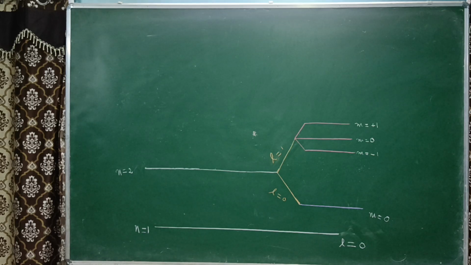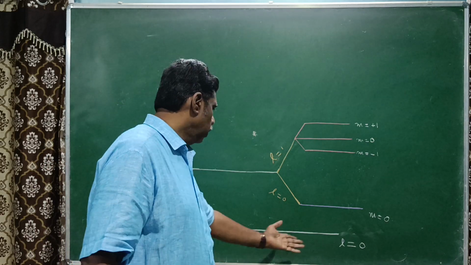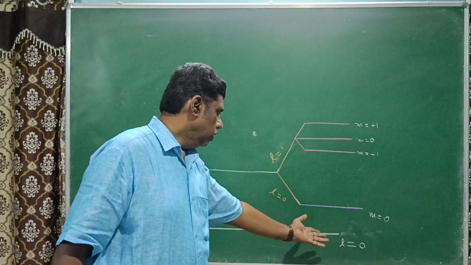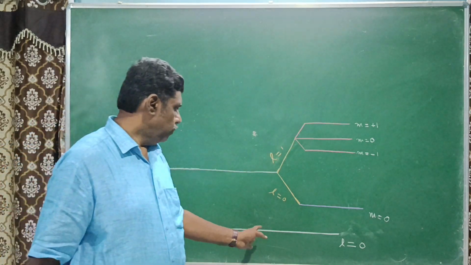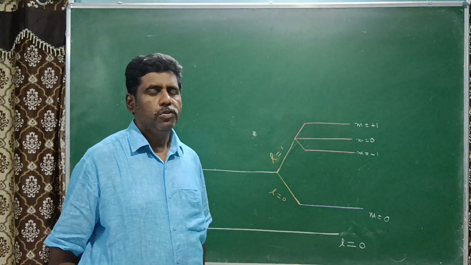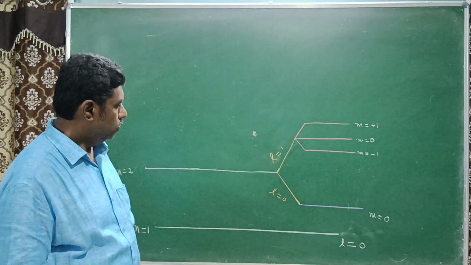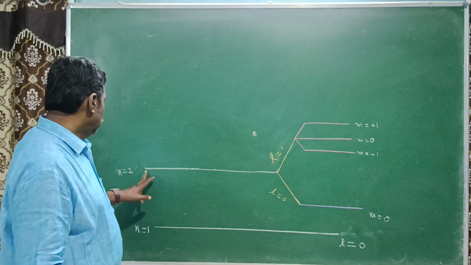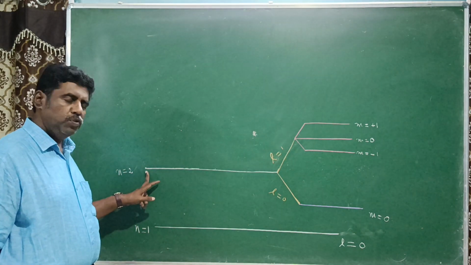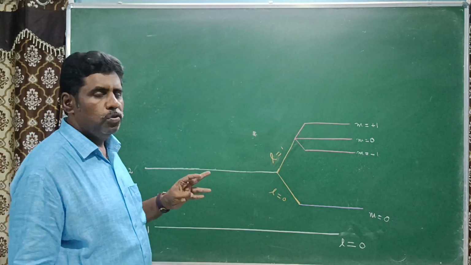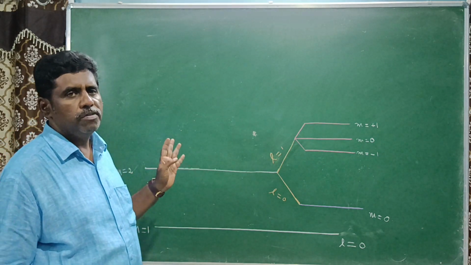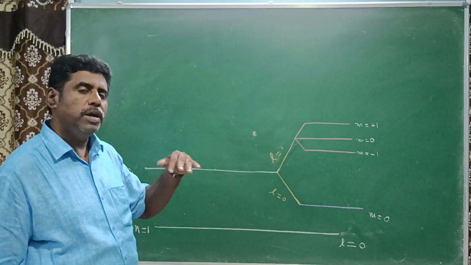See this energy level diagram. Here n is equal to 1 is representing the ground state. If n is equal to 1, the value of L is equal to 0. In the case of n equal to 2 state, the possible values of L are 0, 1. Because for the given value of n, L can have 0 to n minus 1 values.